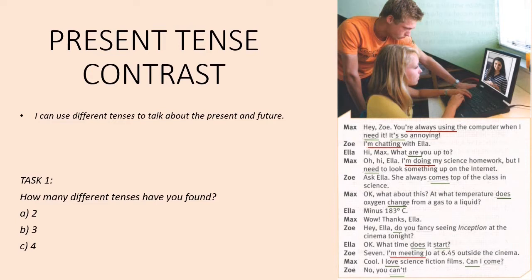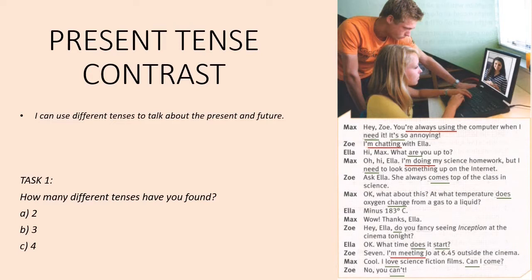Hey Zoe, you're always using the computer when I need it. It's so annoying. I'm chatting with Ella. Hi Max, what are you up to? Oh hi Ella, I'm doing my science homework, but I need to look something up on the internet. Ask Ella, she always comes top of the class in science. Okay, what about this? At what temperature does oxygen change from a gas to liquid?